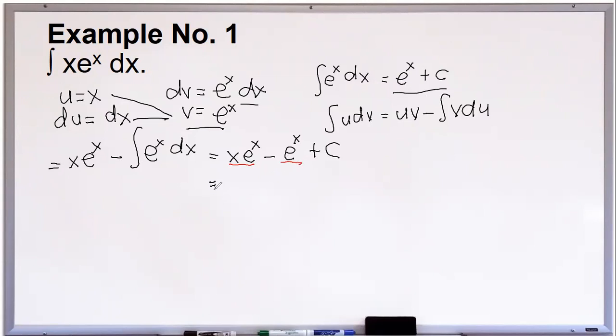Common monomial factor which is equal to e raised to x multiplied by x minus 1 then plus c. Okay, which means our answer for this problem is e raised to x multiplied by x minus 1 plus c. Okay, yan na yan.